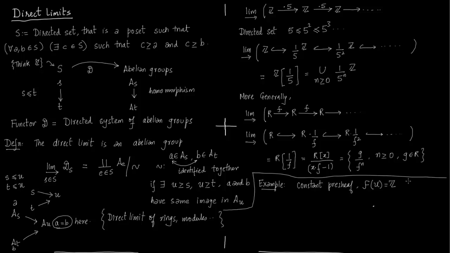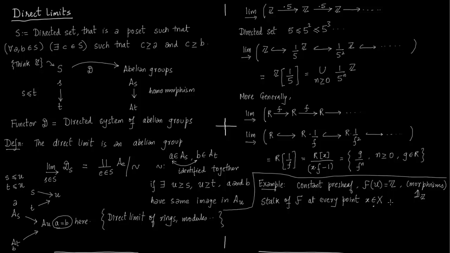So you first fix a topological space X, and for any open U in X, f of U is integers. And all the morphisms are identity. So you will always have a morphism from Z to Z. So if V is a subset of U, f of V is also integers, and the morphism is the identity map. So then the stalk of f at every point x is also integers.